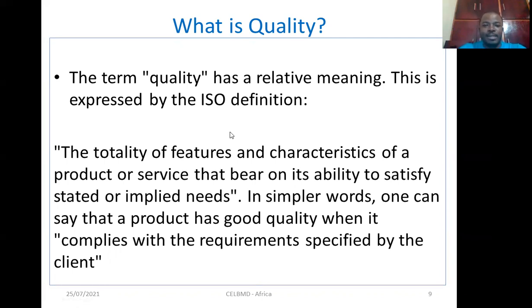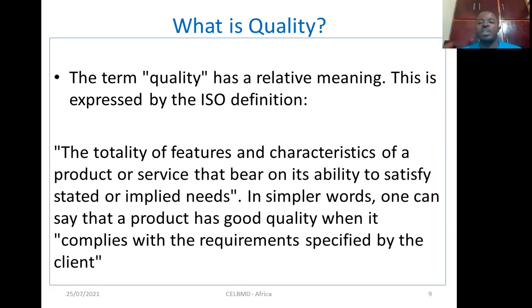What exactly then is quality? The International Standards Organization, commonly referred to as ISO, defines quality as the totality of the elements, that's the features and characteristics of a product or service that cause it to develop the ability to satisfy the needs that the client has either stated or implied that they expect from that product or from that service.